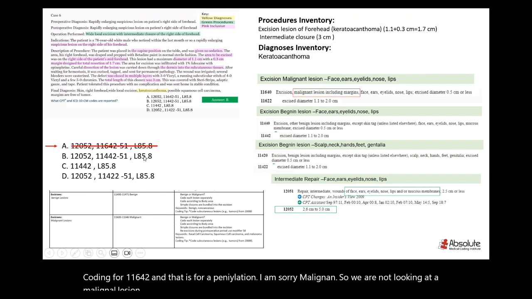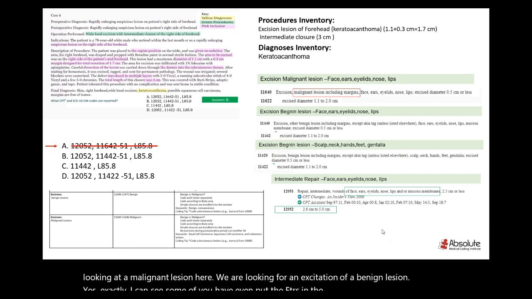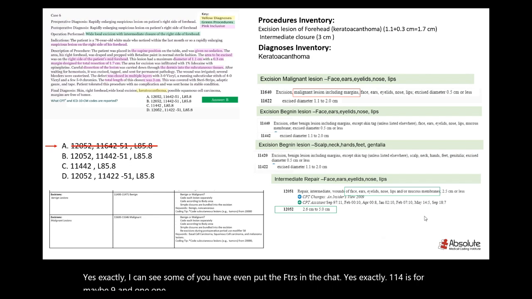We are looking for an excision of a benign lesion. Yes, exactly. I can see some of you have even put the FTRs in the chat. 114 is for benign and 116 is for malignant. Way to go. Excellent. So option A is incorrect because that's coding for a malignant lesion.